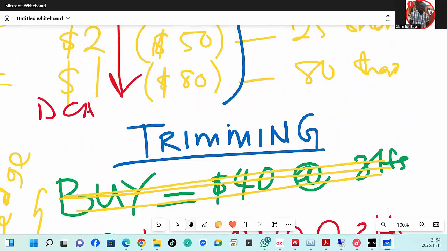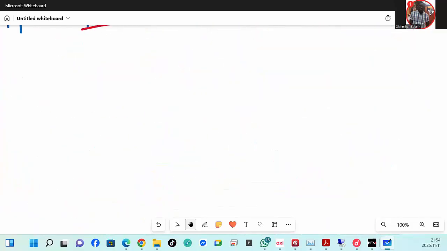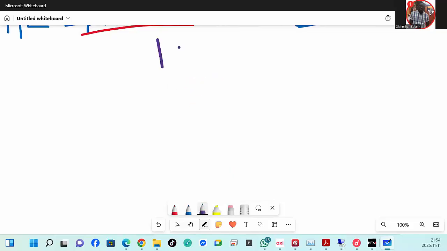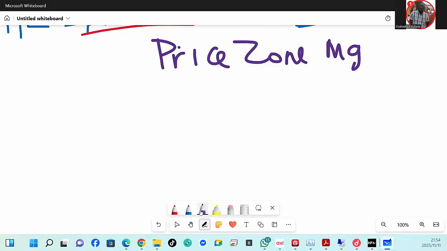Price zone management is where we use demand and supply zone to look at where this thing is going.